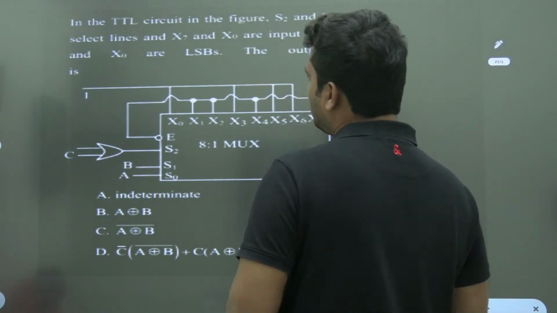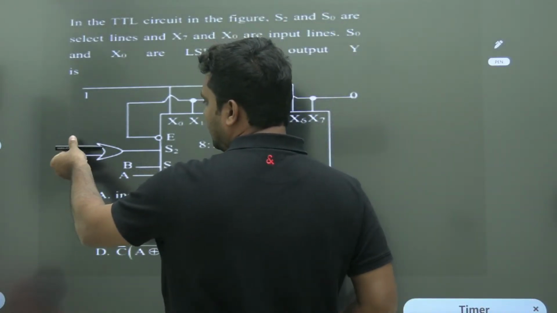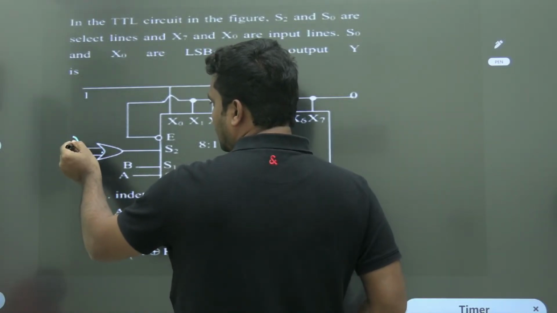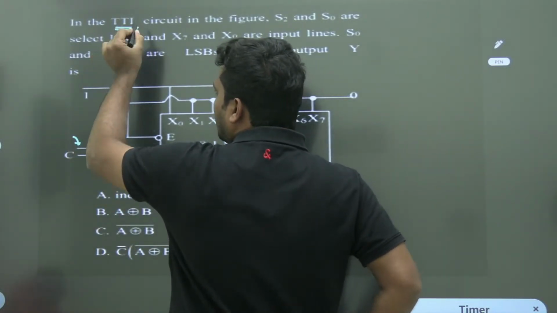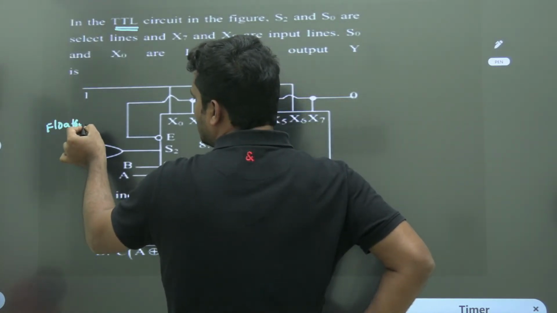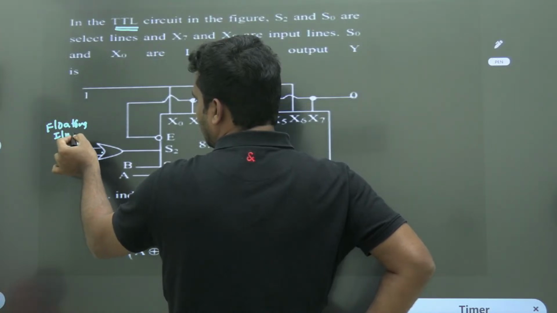See, this input is called a floating input. When nothing is connected to the gate, this open line is a floating input. In the TTL logic family, transistor transistor logic family, a floating input is equal to 1.